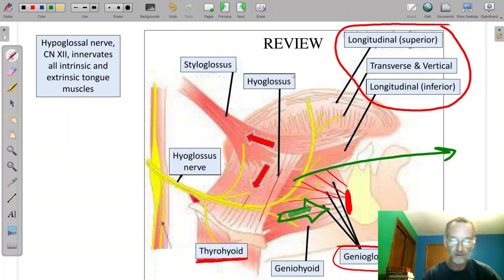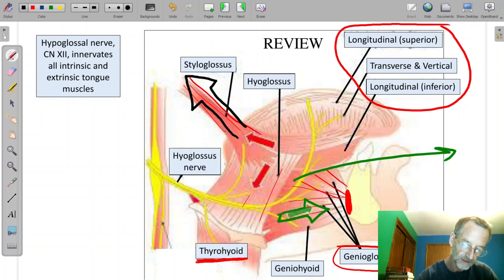Conversely, the styloglossus, these fibers are running more or less posteriorly. And when those fibers contract, it pulls the tongue more or less in that direction. So retraction.